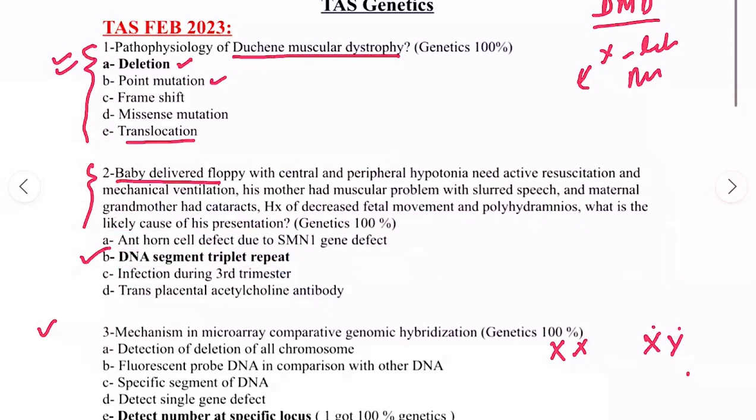So, what is the chance of this one being a carrier? Mother is also a carrier, definitely. See here, the father has sickle cell disease, and the mother is also a carrier. What is the chance of the daughter being a carrier?